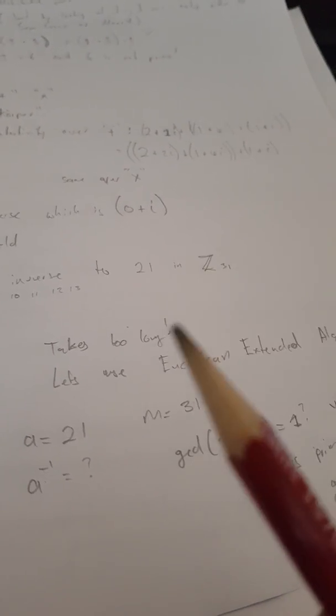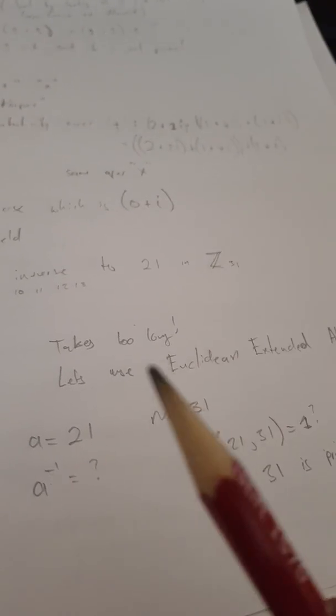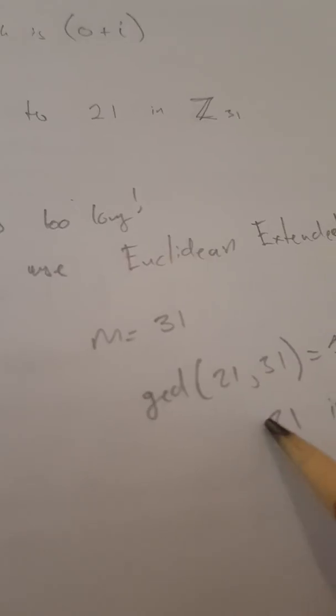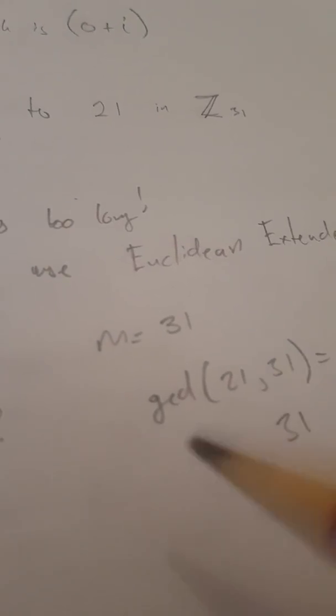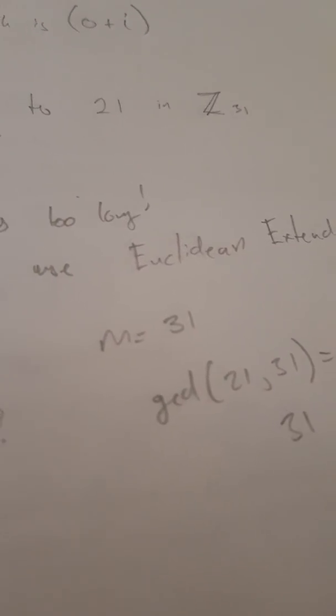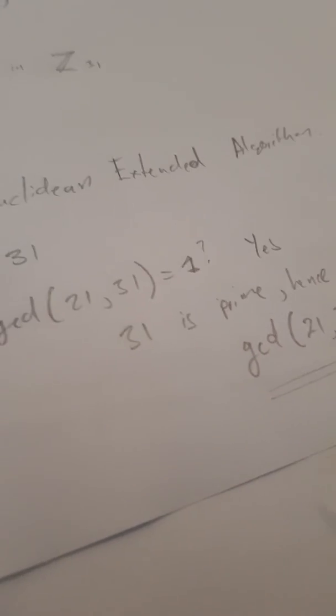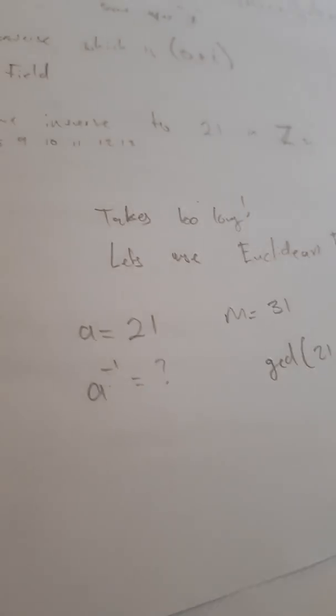That's the number one condition. If it's 1, that means that we have a solution. If it's not, then we have no solution. So is the GCD of 21 and 31 equal to 1? Yes, because 31 is a prime number. It is 1. Good. Now, next step.